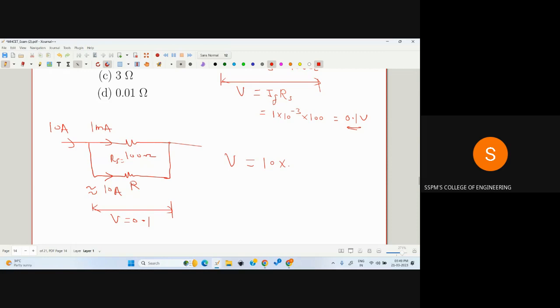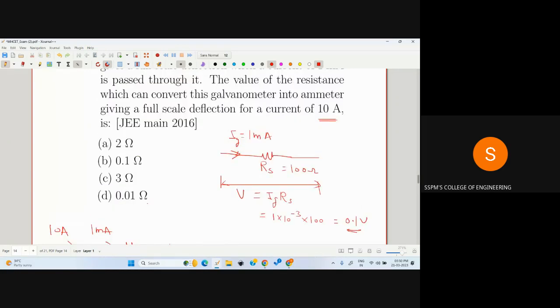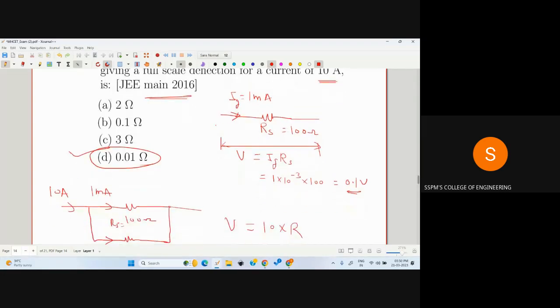So how much resistance is to be connected in shunt? 0.01 ohm resistance should be connected in the shunt. The correct option is D. It's a very easy question. It was asked in JEE Main 2016. You do practice, then only you can get the confidence. Overall, the problems are very easy. You have to apply your logic and IQ level to solve various examples.